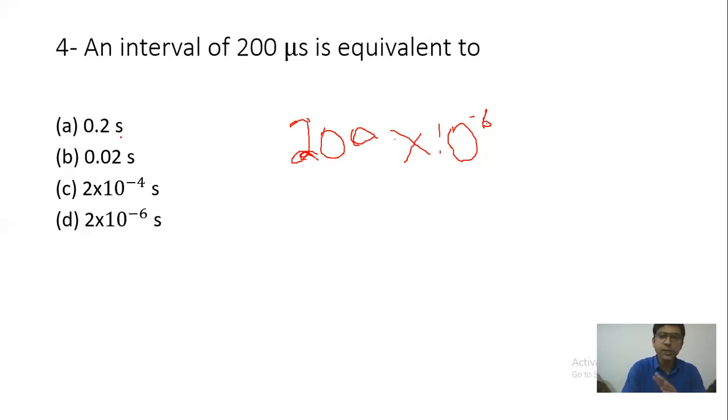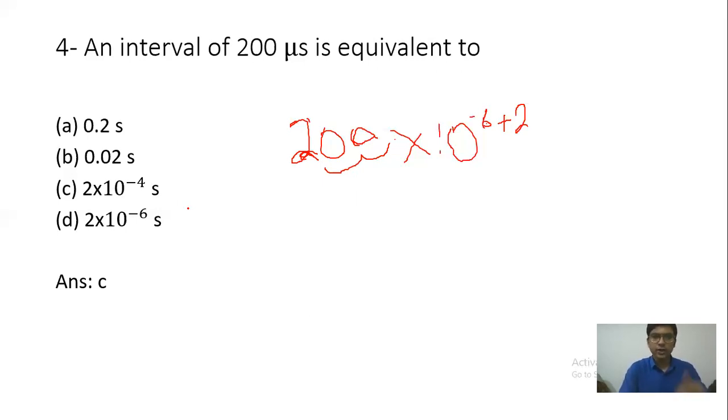So it could never be 0.2 or 0.02. It can be either 2 exponent minus 4 or 2 exponent minus 6. This is not the right answer, so we write it as 2 exponent minus 4. How? The decimal is here; shifted 2 places towards the left, it becomes plus 2. Minus 6 plus 2 is minus 4. So the correct answer is C, which is 2 exponent minus 4. I have shown you the procedure.